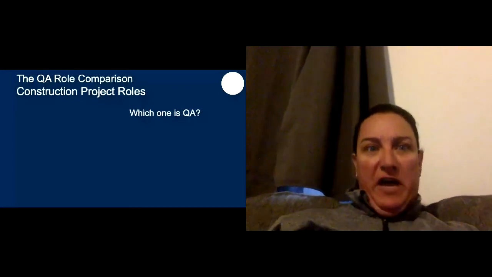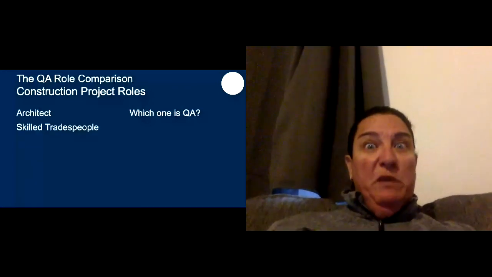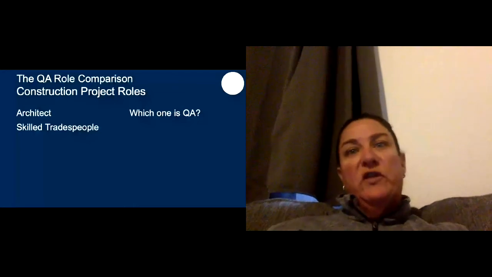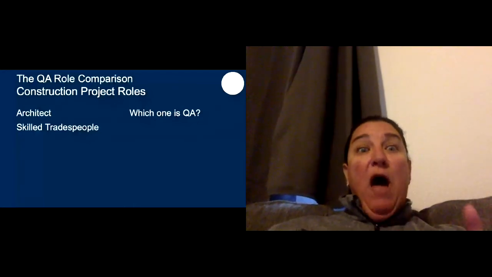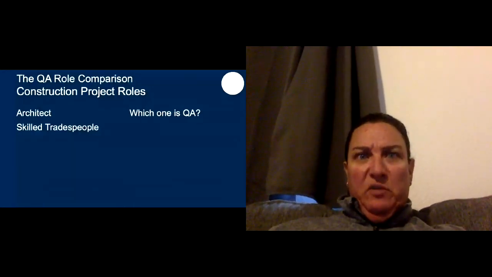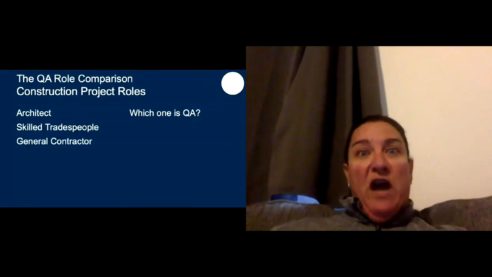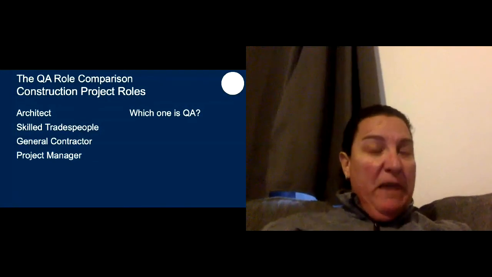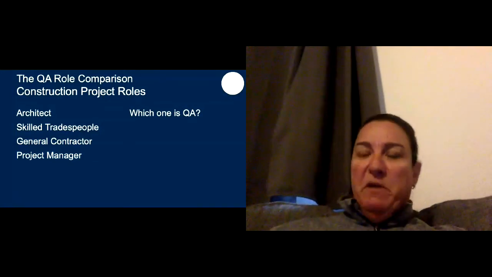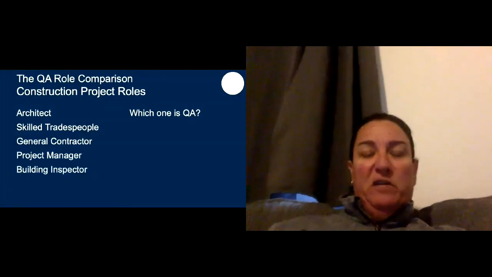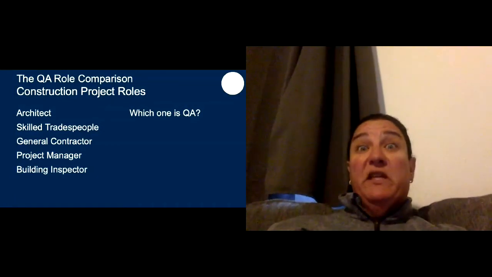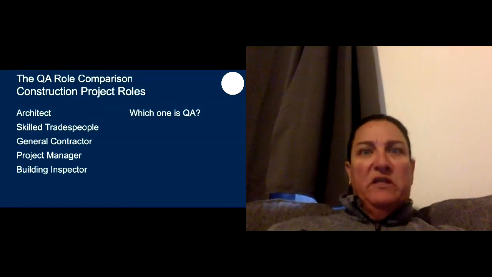So we have an architect, we have skilled tradespeople, electricians, painters, plumbers, people that have very specific skills and expertise within areas that are very important for that. We have a general contractor. We have a project manager in some cases. Some cases, they may be small enough where you might not need a project manager. We have ultimately the building inspector, the one that comes in and says, okay, did you do what you said you're going to do?